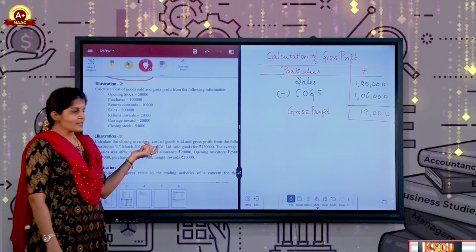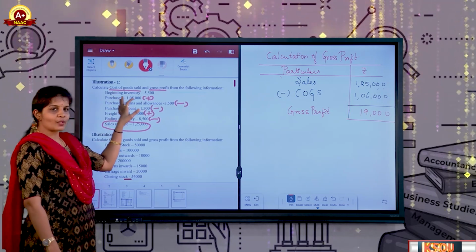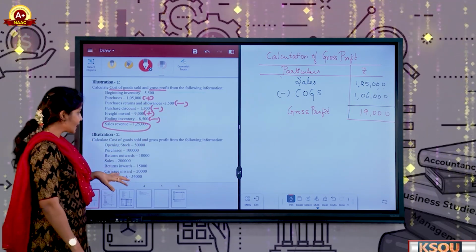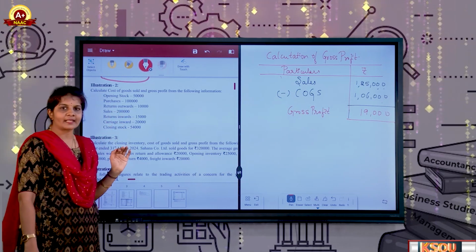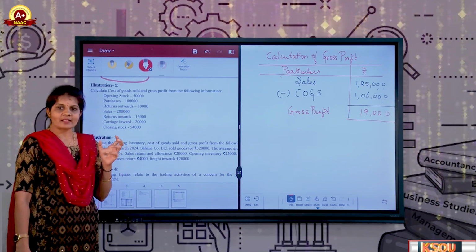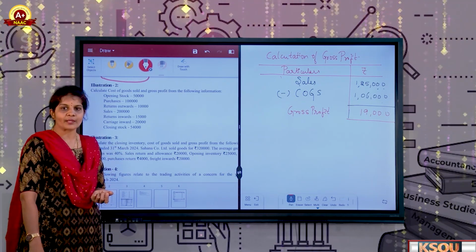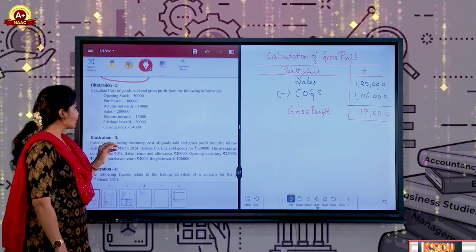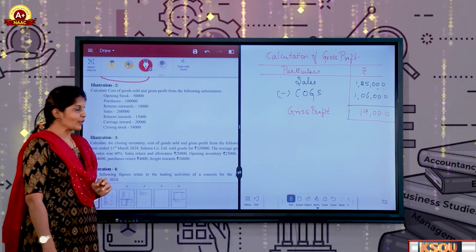Okay, in the previous problem we have learned to calculate cost of goods sold and gross profit. So similarly, even this problem also asked us to calculate cost of goods sold and gross profit. So just for understanding more and more to clear about this cost of goods sold and gross profit, I am going to solve one more problem. Calculate the cost of goods sold and the gross profit with the following information.